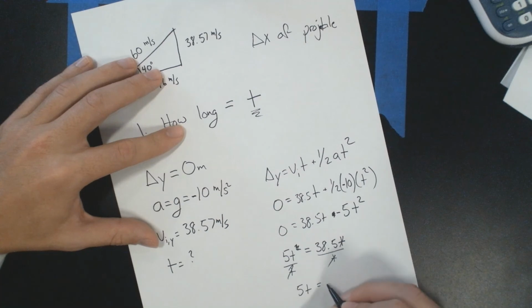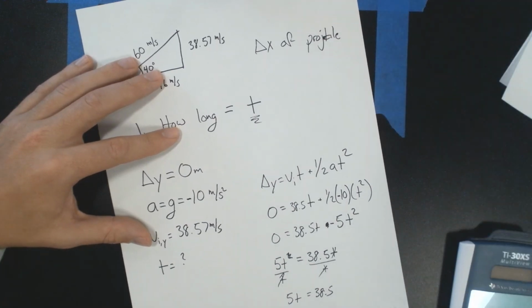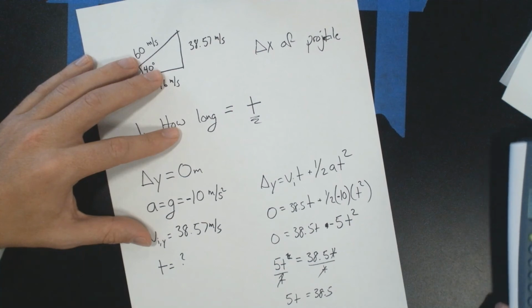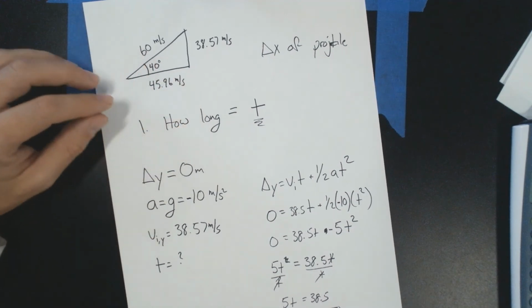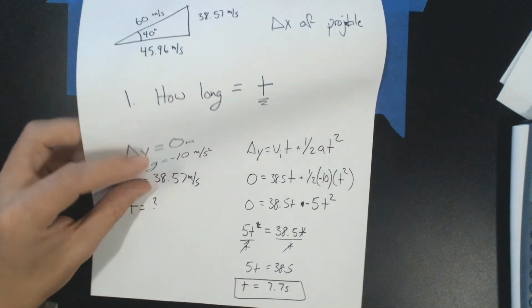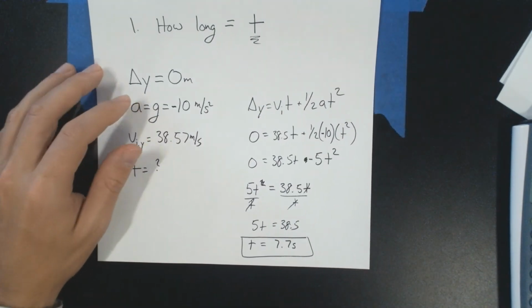So 5t will be equal to 38.5. So therefore t is going to be equal to 38.5 divided by 5. This ball is going to be in the air for 7.7 seconds. So here is the total amount of time that my ball is going to hang out in the air.